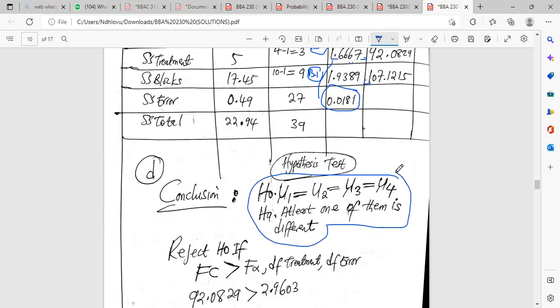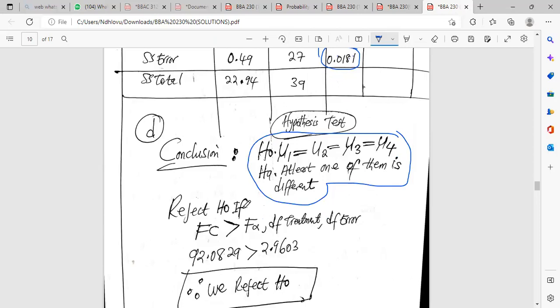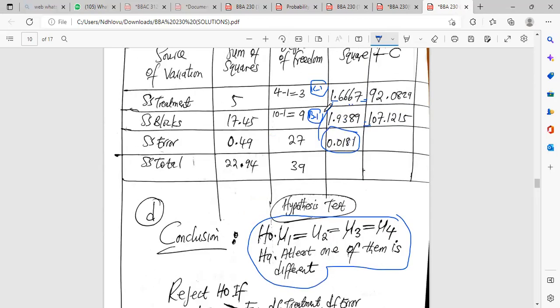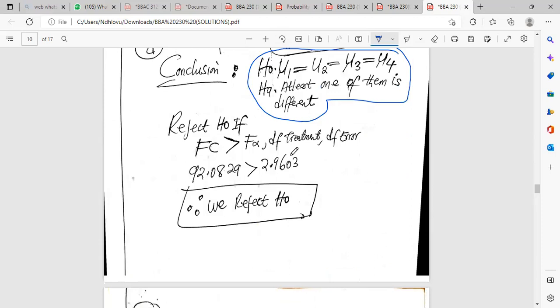ANOVA. Now reject H naught if F calculated is greater than F with the degree of freedom for treatment and degree of freedom for error. So degree of freedom for treatment, which is 3, and degree of freedom for error, which is 27. So from the statistical tables, we came here to find the 0.05.